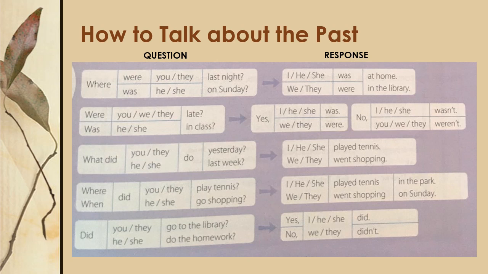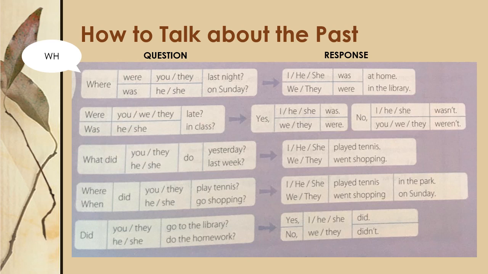Now, like any other conversations, there are two types of conversation when we are talking about the past. First is the WH conversation. WH conversations are conversations that ask for information. So WH, we got that from the WH questions.